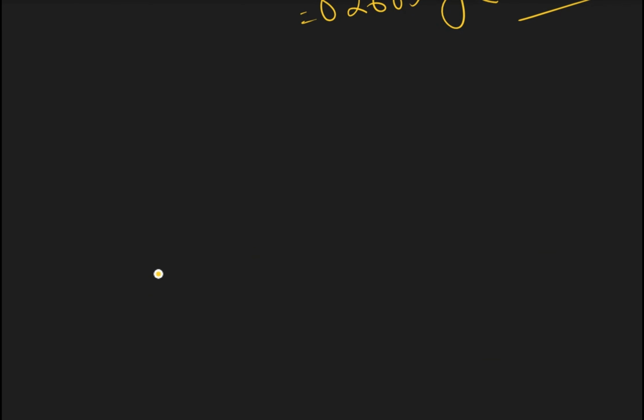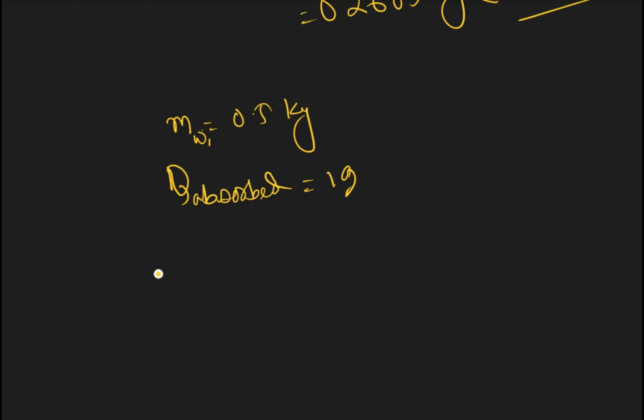In this part, the mass of wire, let's say this is wire, by the way, is 0.5 kg from the question, and the heat absorbed, let's say Q absorbed, is 1950 joule, and the temperature change, del T, is 30 Kelvin.